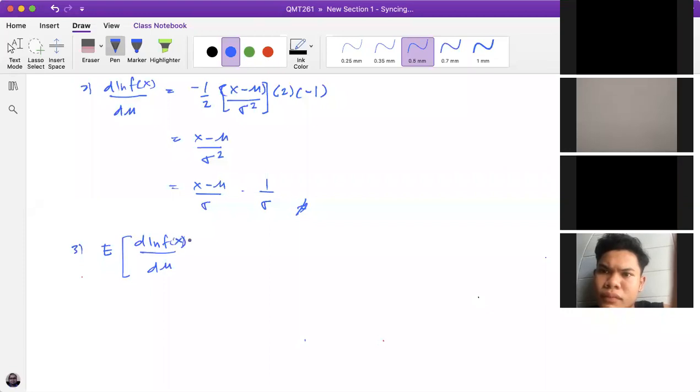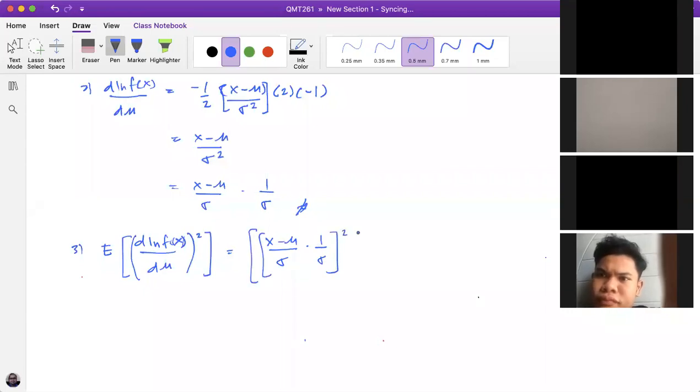I use theorem number 1. I think theorem number 1 also works for this example. So this should be the expected value of (x minus mu divided by sigma, multiplied by 1 over sigma), squared.